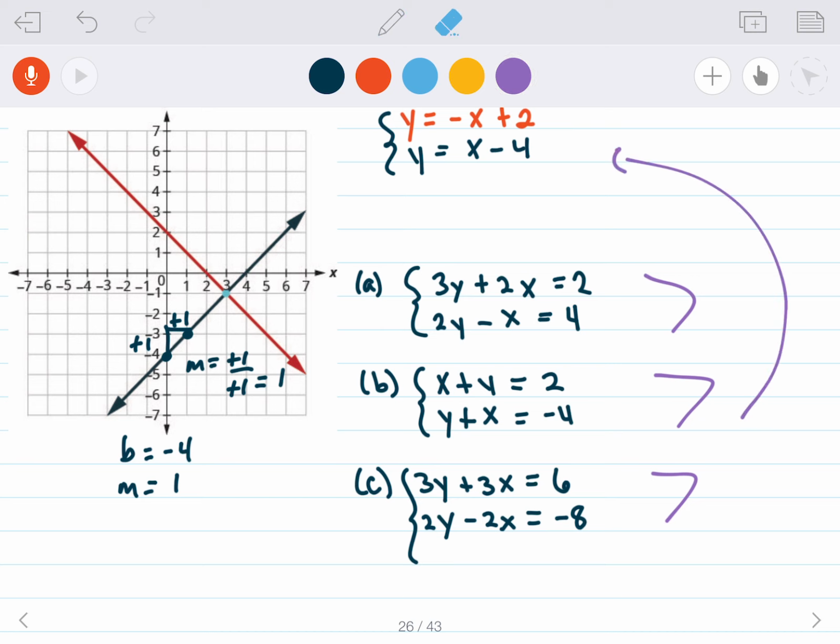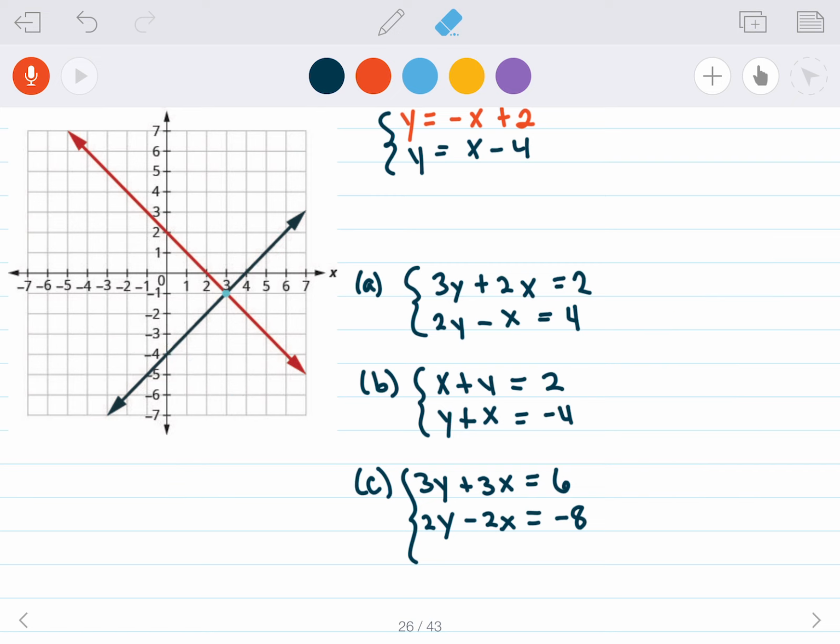And to do that, we just do some algebraic manipulation to get y alone. So let's do that for A. I'm going to go ahead and manipulate this one first. So I start with 3y plus 2x equals 2. And I'm going to go ahead and draw my line through my equal sign.